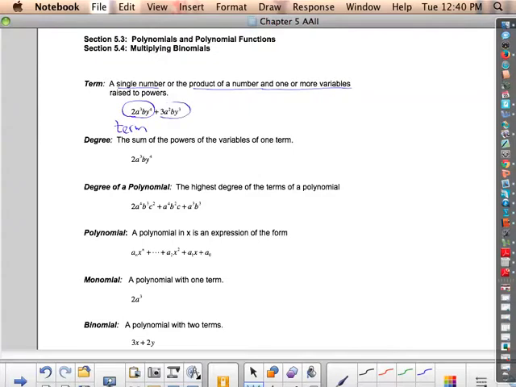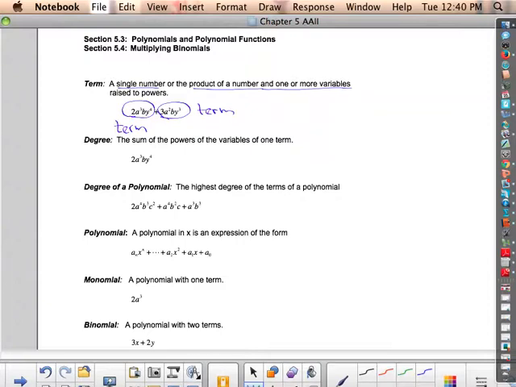And then 3a squared b to the third is a different term. So they are separate terms. When we look at something like 2a to the third b to the fourth, that's one term. Multiplication is okay, but as soon as you add addition or subtraction, then you go from one term to two terms. The degree is the sum of the powers of the variables in a term.